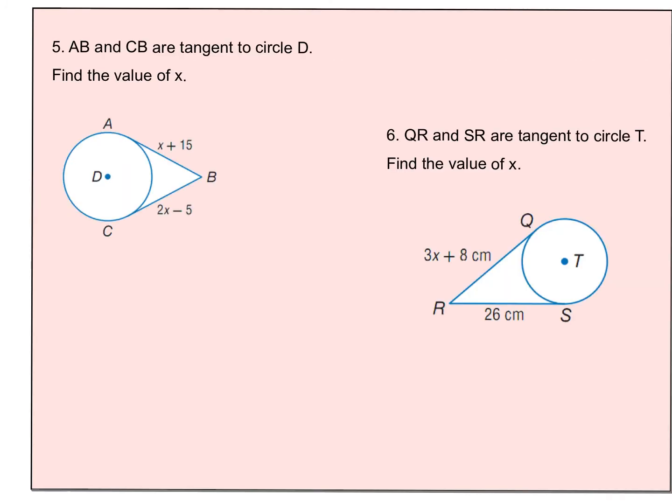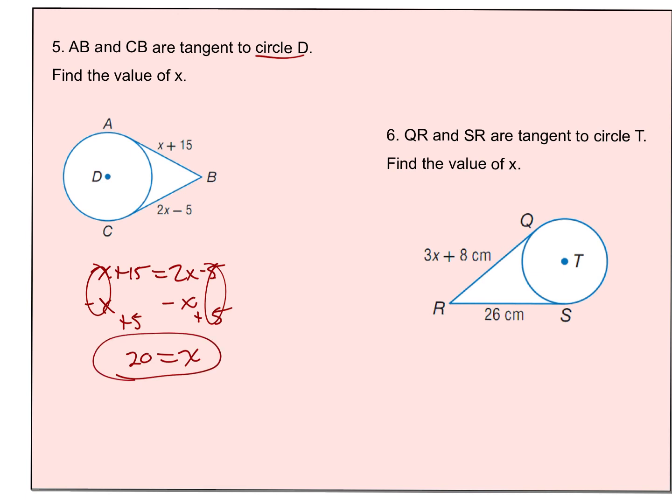So over here, they're both tangent to circle D. So this is pretty straightforward. They're equal to each other. A little bit of algebra later, x equals 20.